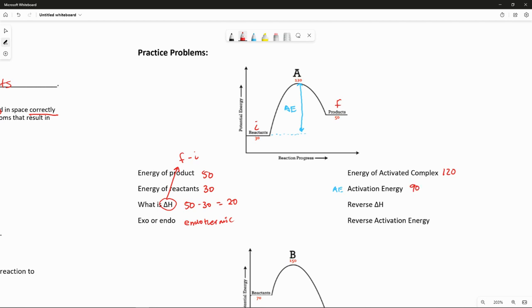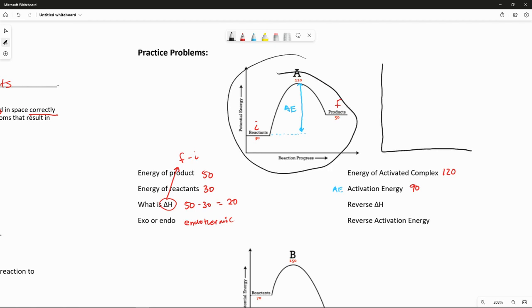All right. Reverse delta H is basically telling us to flip the equation or the graph. So if our given graph was looking like this, our reverse would be starting with the products going to the reactants. All reactions in chemistry are reversible. So we're going to start with our products and then convert that to our reactants.